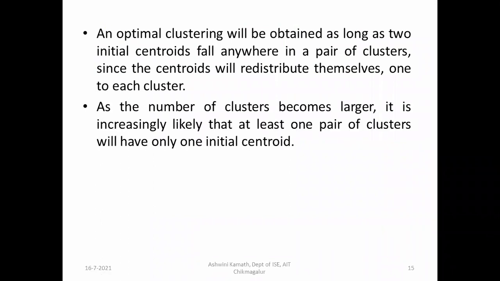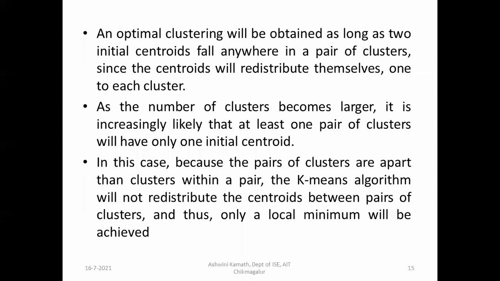Okay. As the number of clusters becomes larger, if the number of clusters is more, then it is increasingly likely that at least one pair of clusters will have only one initial centroid. Okay, a pair of clusters will get only one initial centroid, which will combine two clusters as one cluster. In this case, because the pairs of clusters are farther apart than clusters within a pair, the K-means algorithm will not redistribute the centroids between pairs of clusters.